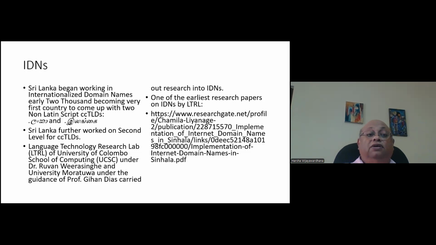Then we worked on the international domain names, especially that I also got involved with. There's one publication about the domain names in Sinhala, headed by the language technology research lab, which worked very closely with Professor Sarnath Hussain, who spearheaded the Pan Localization project after 2008.